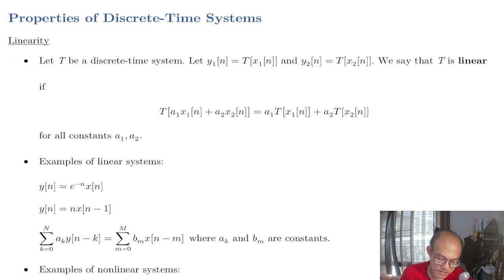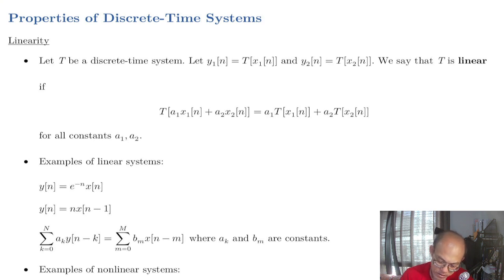Now, properties of discrete time systems. The first property is called linearity, just as in continuous time systems. Let T be a discrete time system, and y1 is the response from x1, and y2 is the response from x2. Then the system T is linear if the output from the combination is the same combination of the outputs.